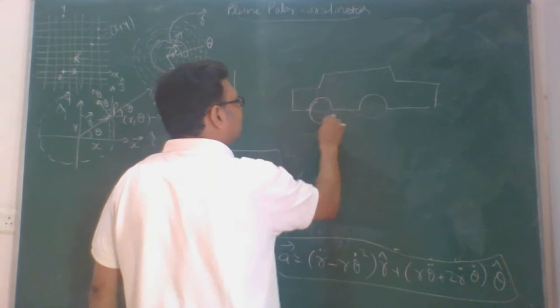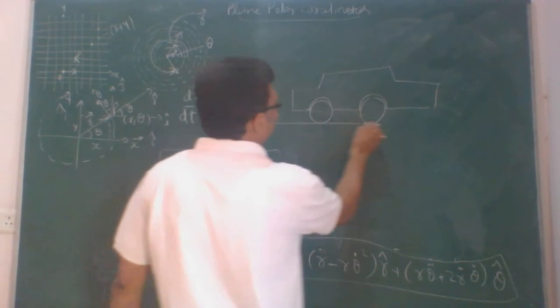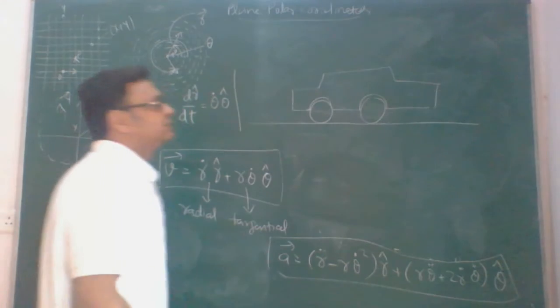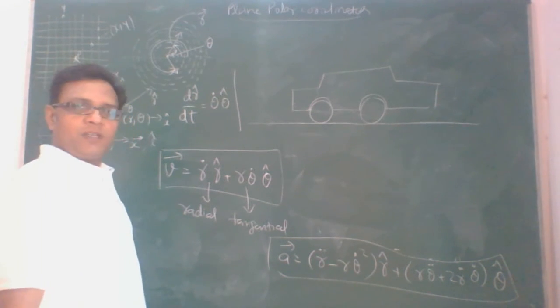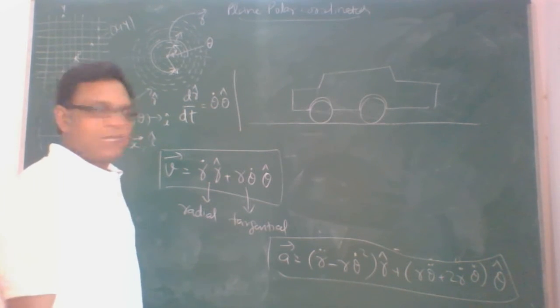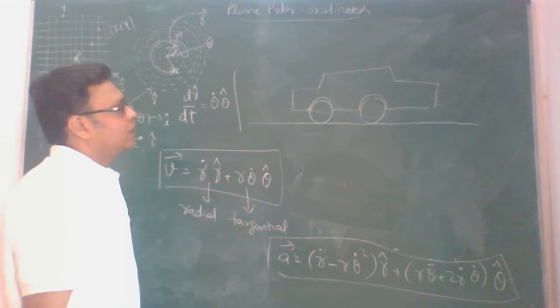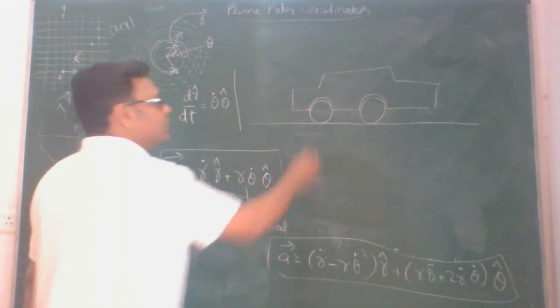This is some car which is moving on a smooth road. So what is happening? It's a very smooth road. You are enjoying this ride. You don't feel any jerk. You only feel moving in a particular direction.